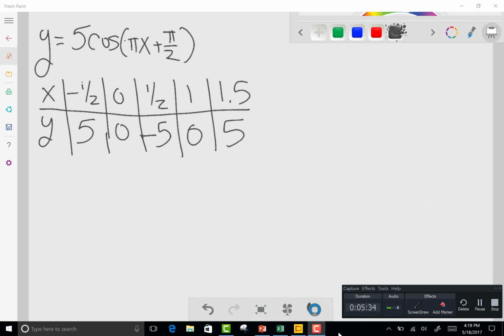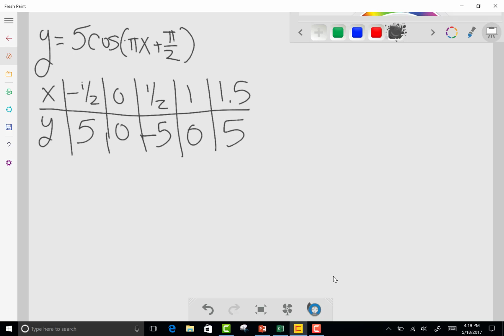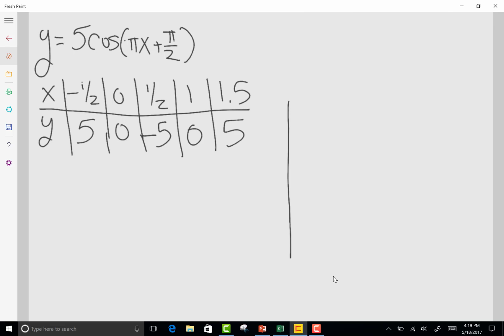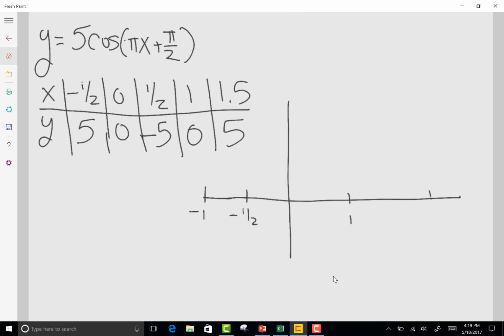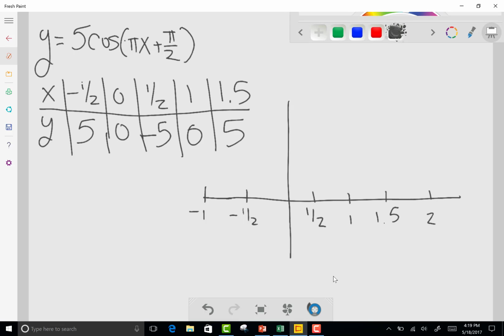Okay, now let's draw the graph. Okay, so I've got it scaled.